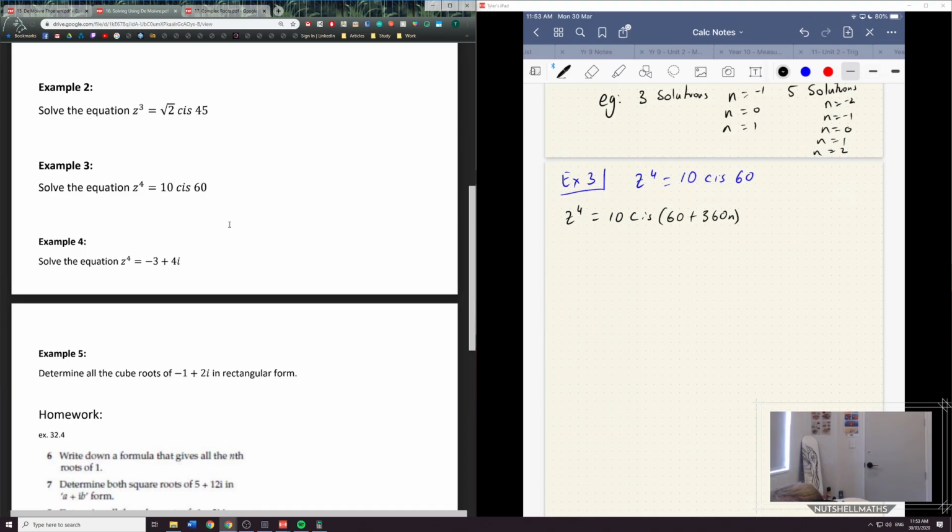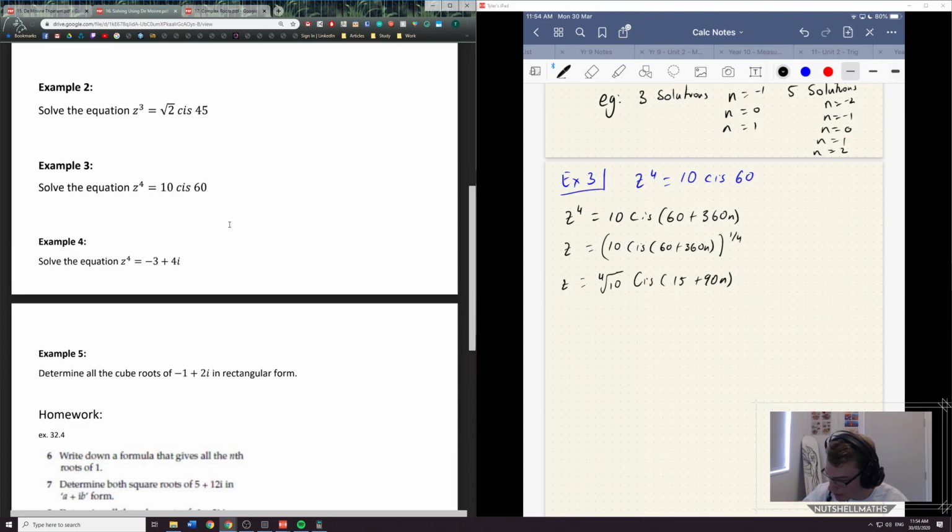Now, if this is true, then I can then undo my power. 10 cis 60 plus 360 n all to the quarter, which means we're going to do the fourth root of 10, which I don't think is anything nice, so we'll just leave it like that. 60 divided by 4 is 15. 360 divided by 4 is 90. So far so good.